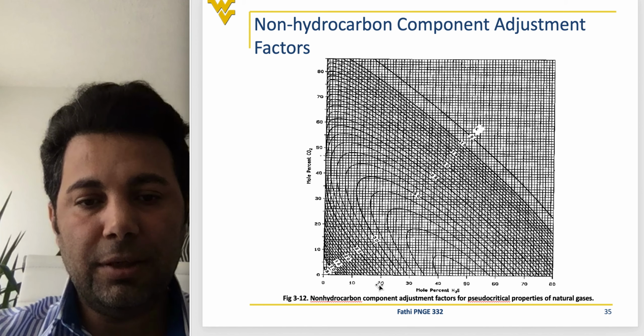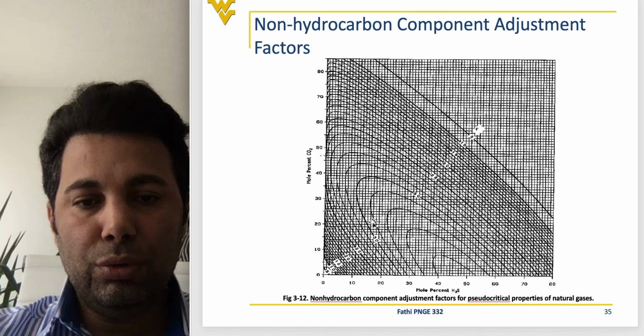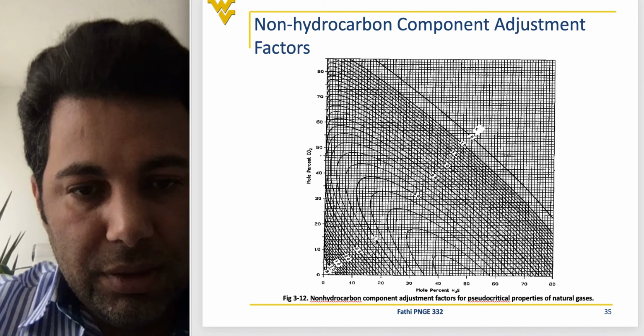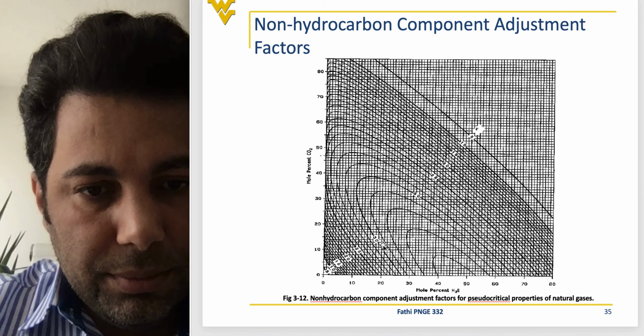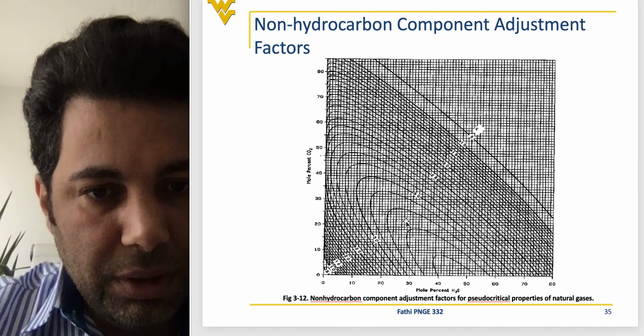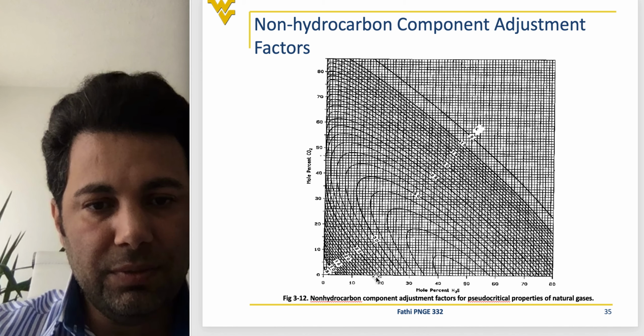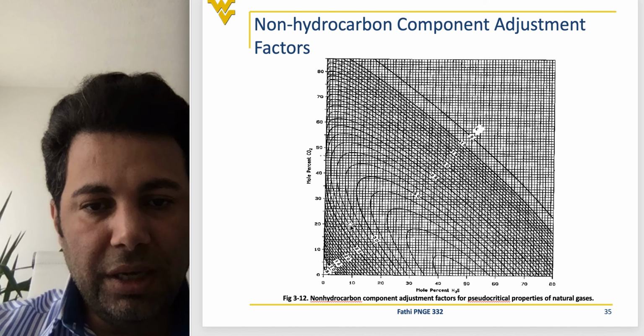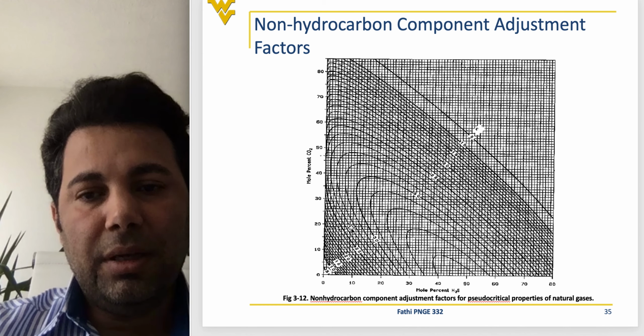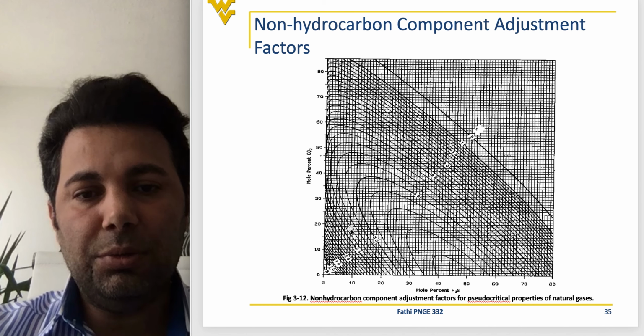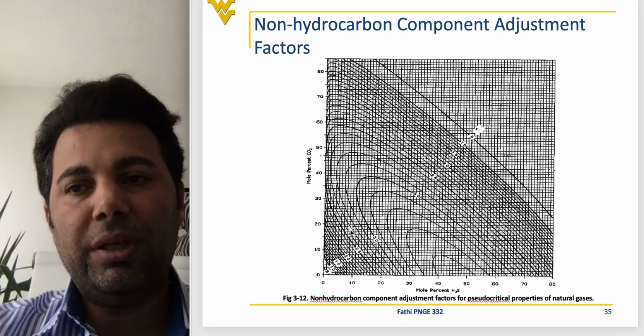If I have, let's say, 10% and 20%, the point is here. So it's 26, 27, 28. It's between 28 and 29 degrees Rankine, so I can read that as 28.5.